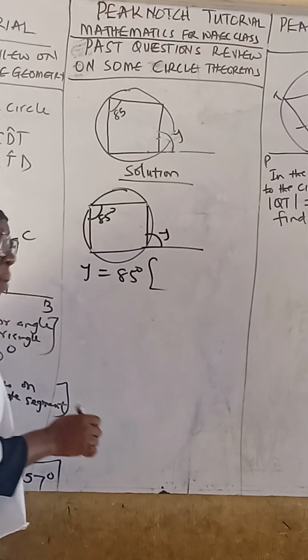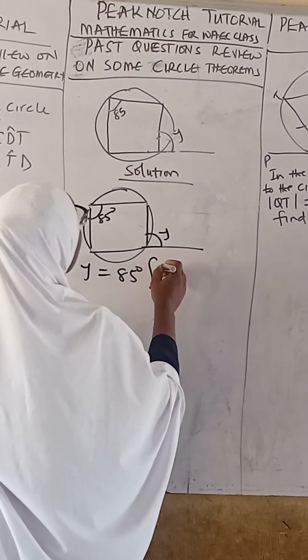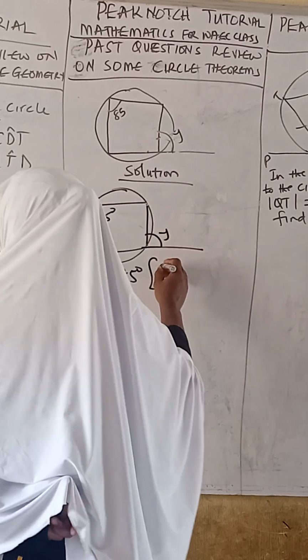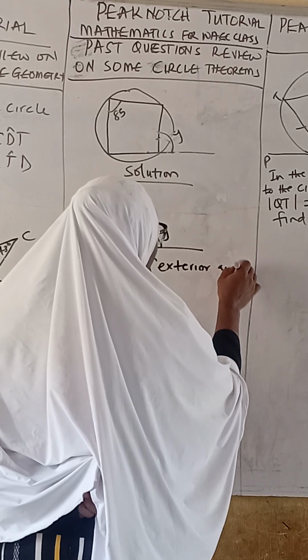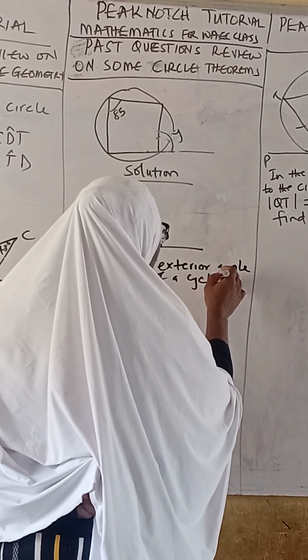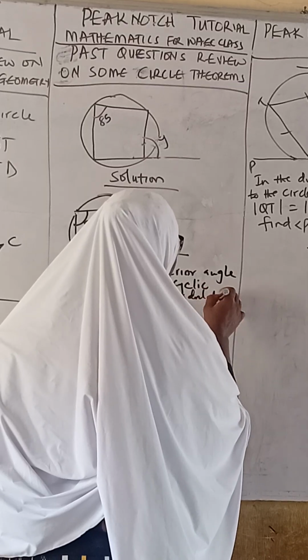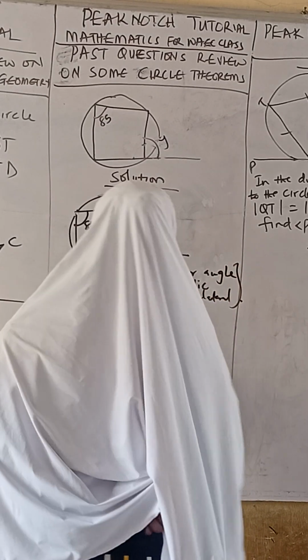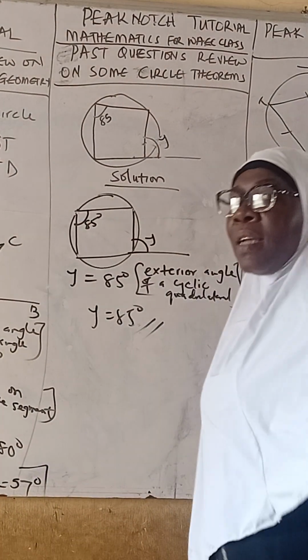And if it's a theoretical question, you have to write your reason, which says the exterior angle of a cyclic quadrilateral. So you can see this is so fast. We have gotten our answer.